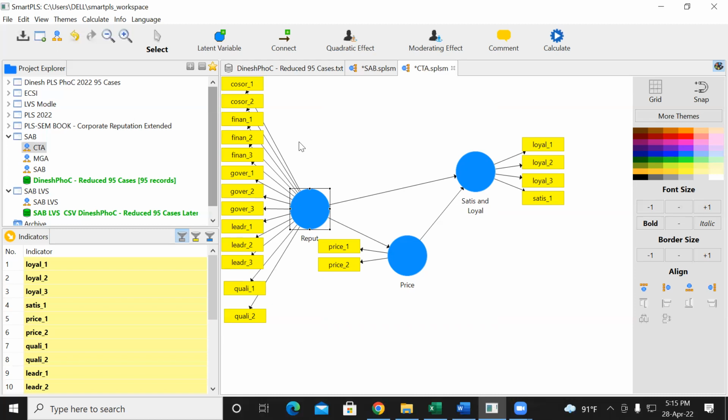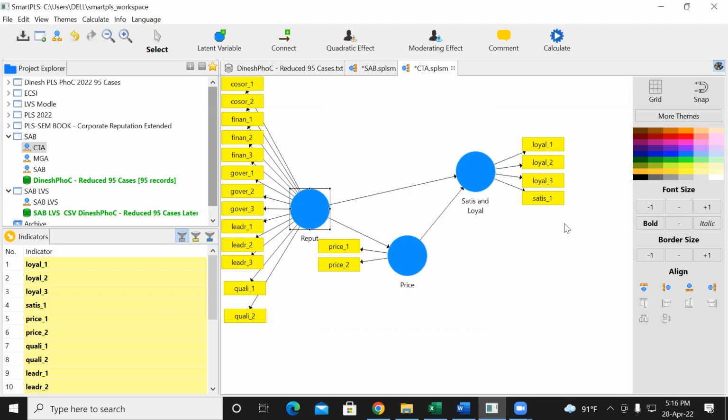Now this is a reflective model, I put it as it is. Tetrad means group of 4, as I mentioned. That means for you to do this analysis, confirmatory tetrad analysis, you need for each construct or variable at least 4 indicators.